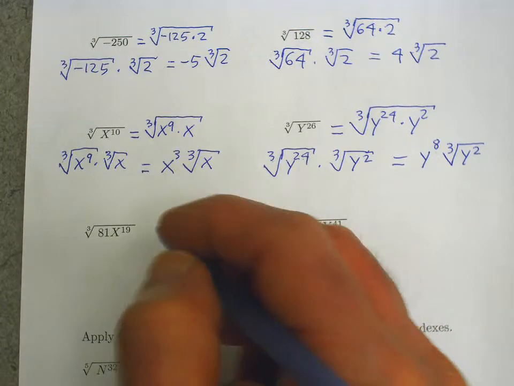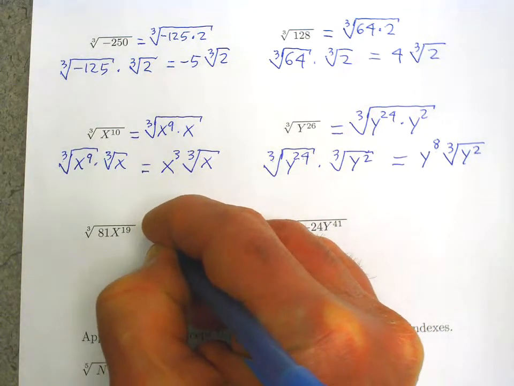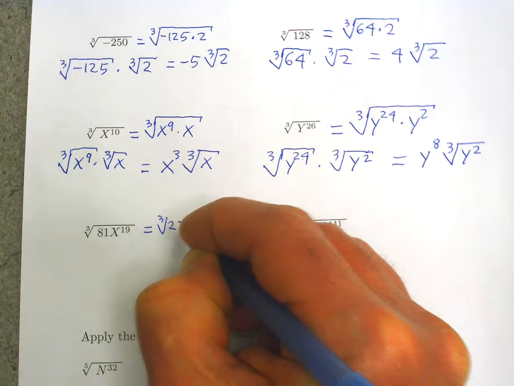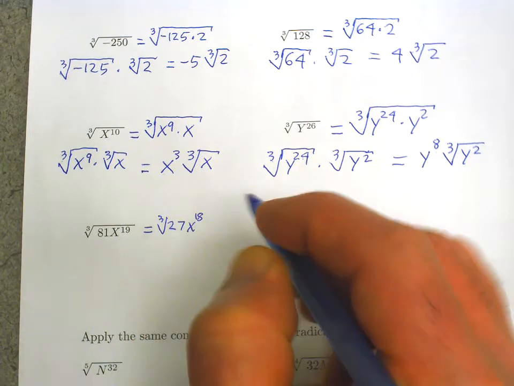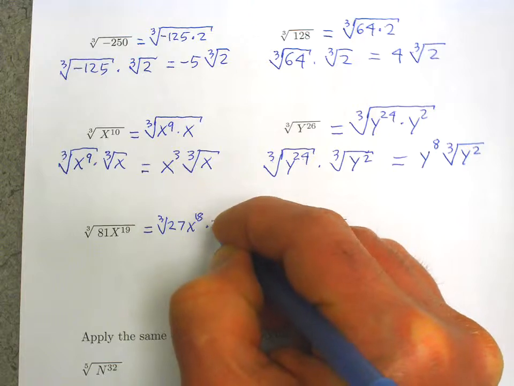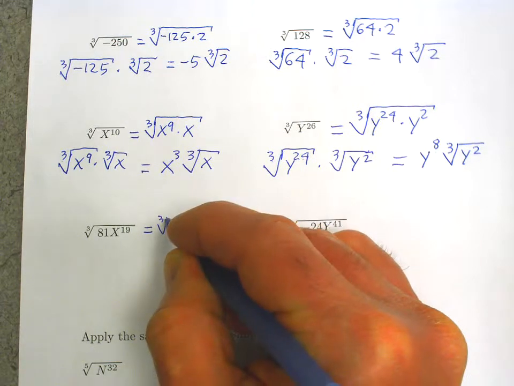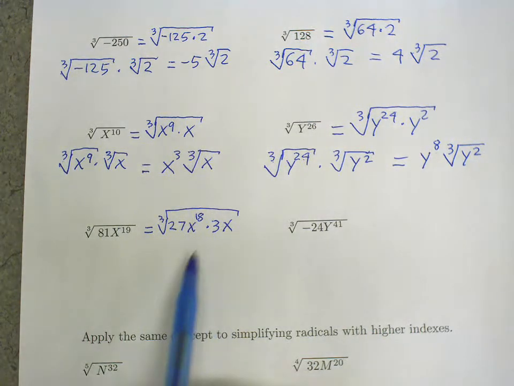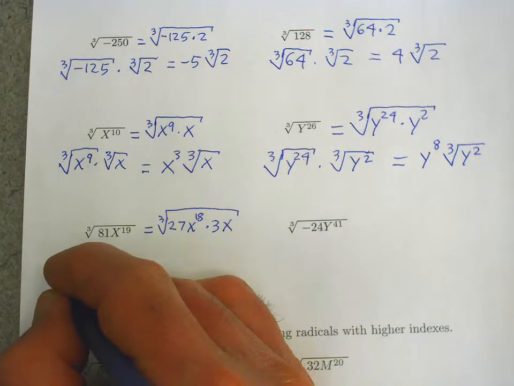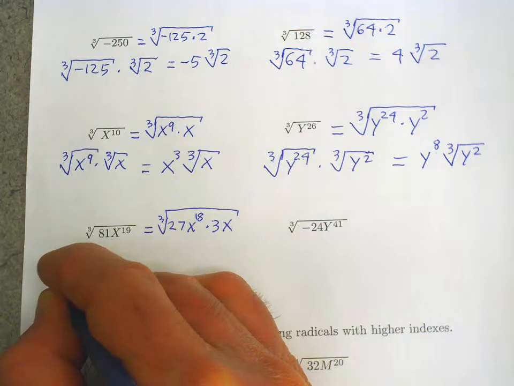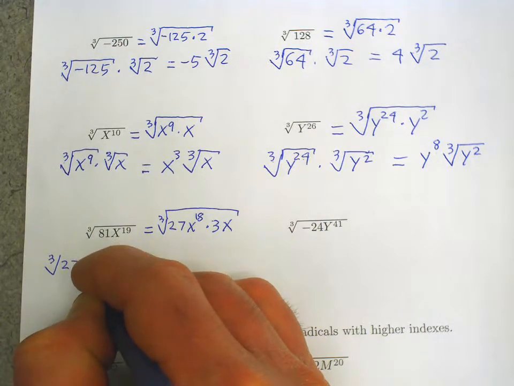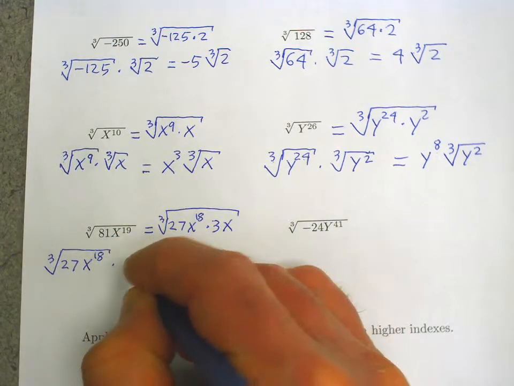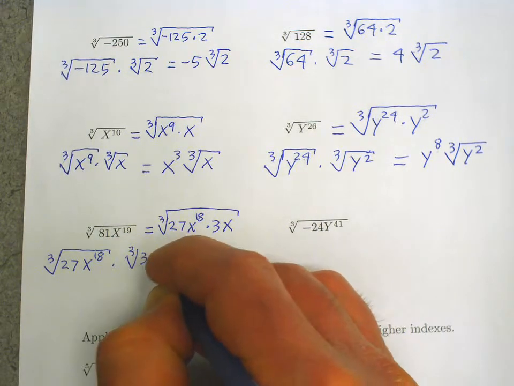So we'll rewrite this as the cubed root of 27x to the 18th times 3x. And then we'll write it as the cubed root of 27x to the 18th times the cubed root of 3x.